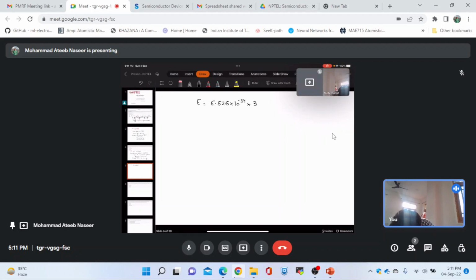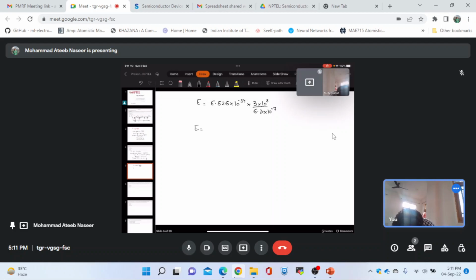Value of the speed of light is 3 into 10 raised power 8 meter per second, and the value of this wavelength is 6.3 into 10 raised power minus 7 meter. And meter will go, and we will be left with energy of one photon.